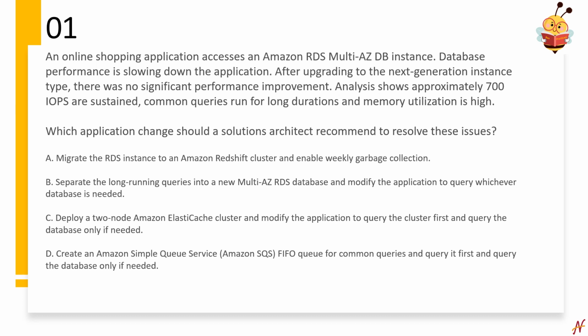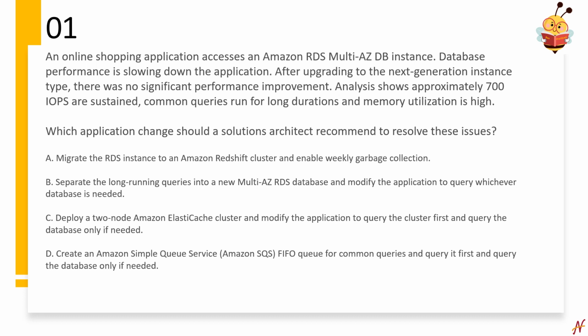Now we have the four options. Option A is migrate the RDS instance to an Amazon Redshift cluster and enable weekly garbage collection. Option B is separate the long running queries into a new Multi-AZ RDS database and modify the application to query whichever database is needed.